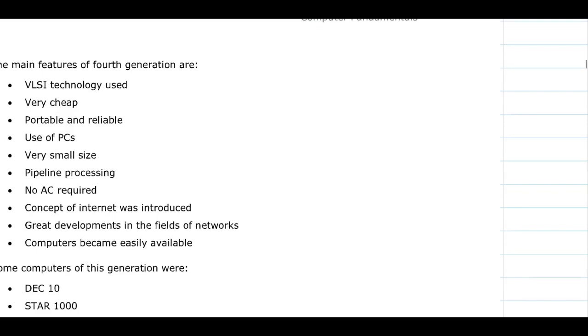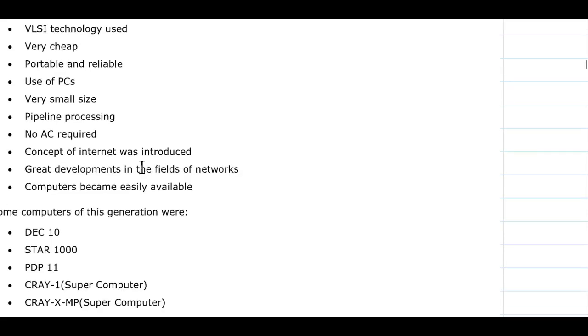So the main features of the fourth generation are that very large scale integration was used. They became much cheaper. It is at this stage that people could afford personal computers, and therefore they started being acquired by homes. They were much more portable and reliable. That is where the idea of PCs came. They are much smaller in size. Pipelining processing came into the picture.